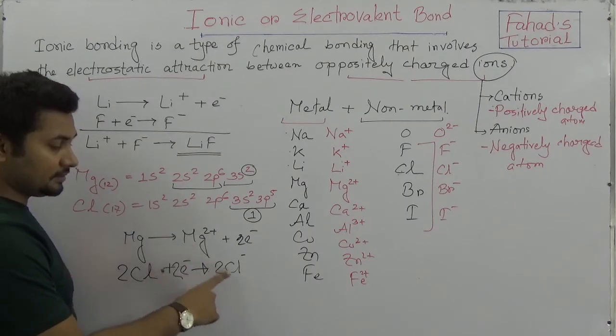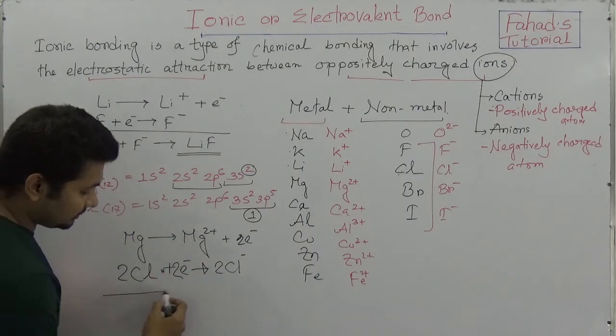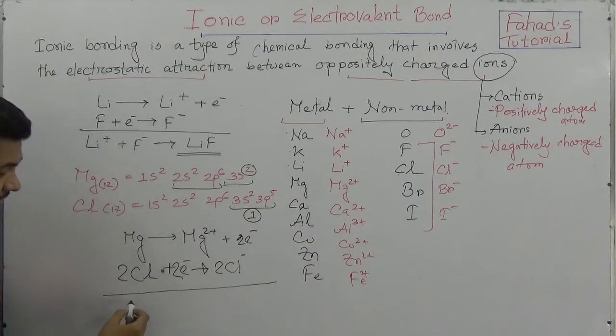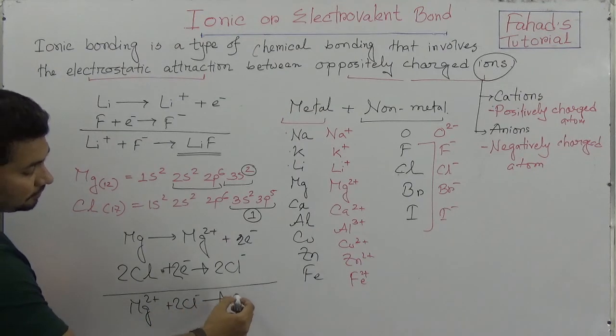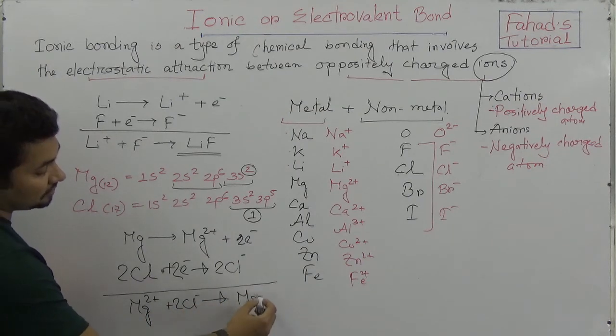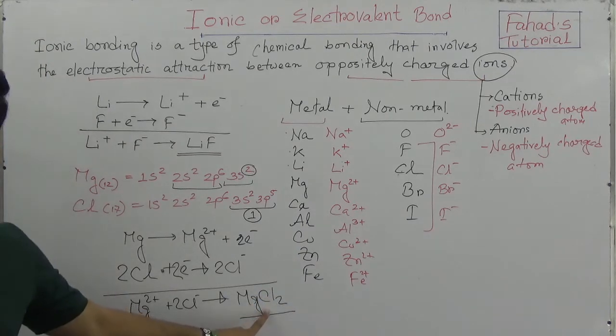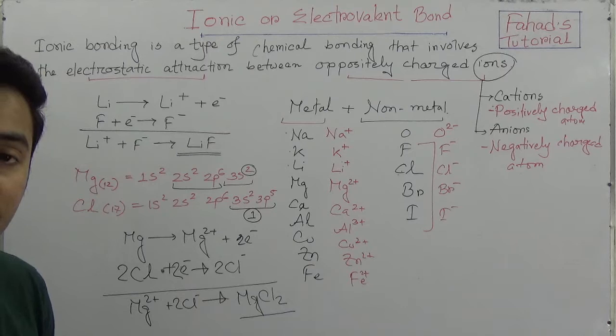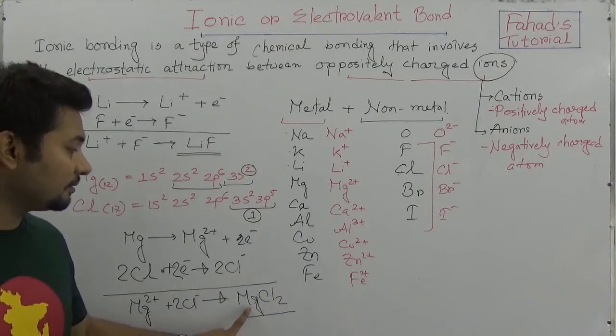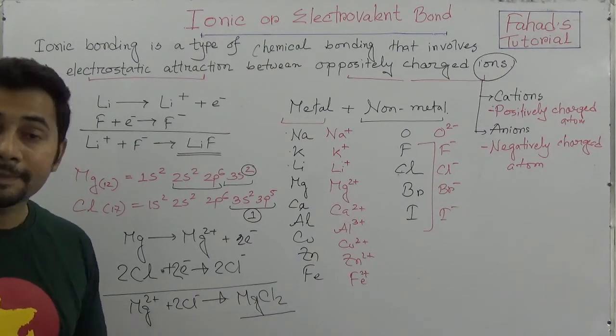So this is the cation and this is the anion. So what will be the equation? Magnesium 2 plus and 2 chlorine minus will form MgCl2. This is very, very important. Do you really understand why MgCl2 will form, and this is magnesium chloride?